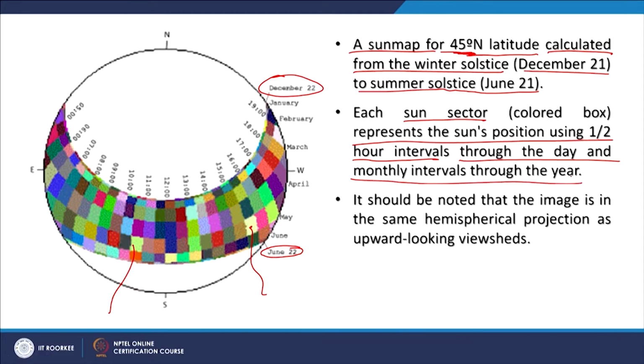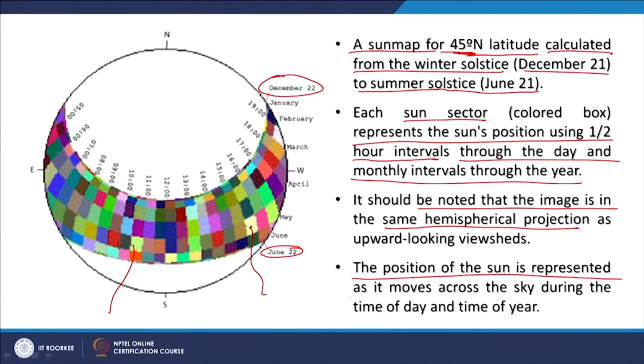All this information will be generated, and we should note that the image you are seeing is the same hemispherical projection, because we are projecting using this hemispherical concept, since it is an upward-looking hemisphere.